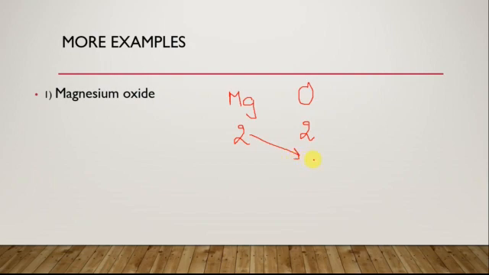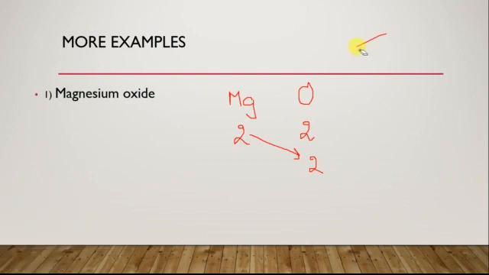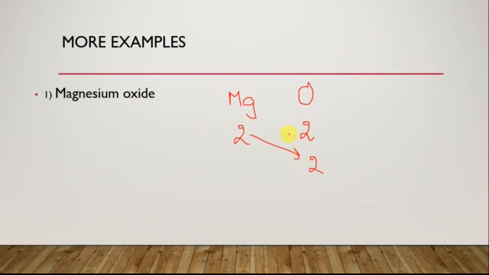Means whatever is for magnesium, we will now write it for oxygen, and whatever is for oxygen, we will write it for magnesium. Brilliant.